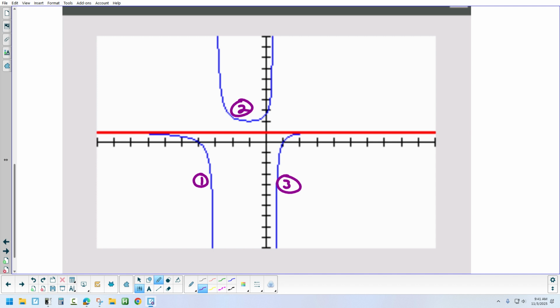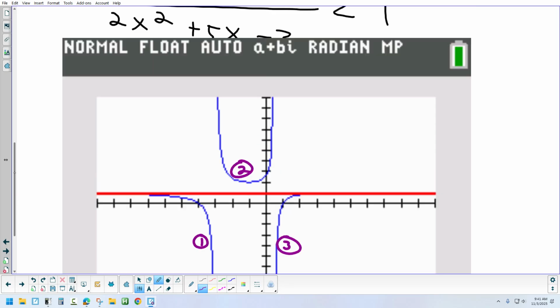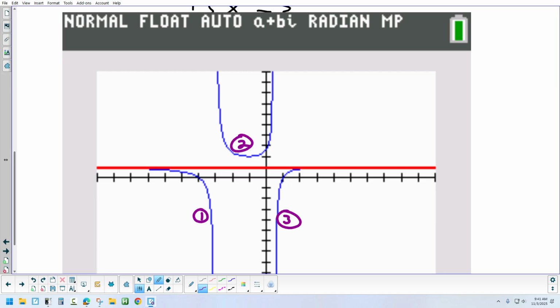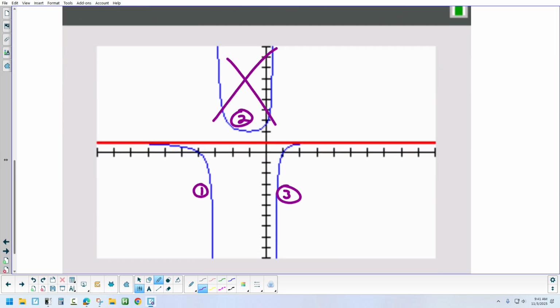What do we think about the second piece of the graph? It's always above the red line. So we don't ever really have to look at that section. If it said, where are we above the red line, then yeah, we would. But piece 2 is never less than 1. It actually looks like it's always above 2. So we don't have to look at that piece.